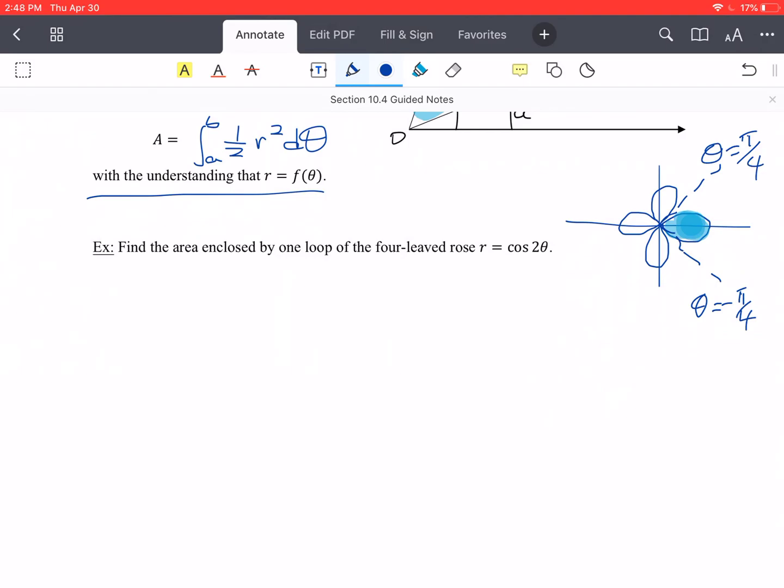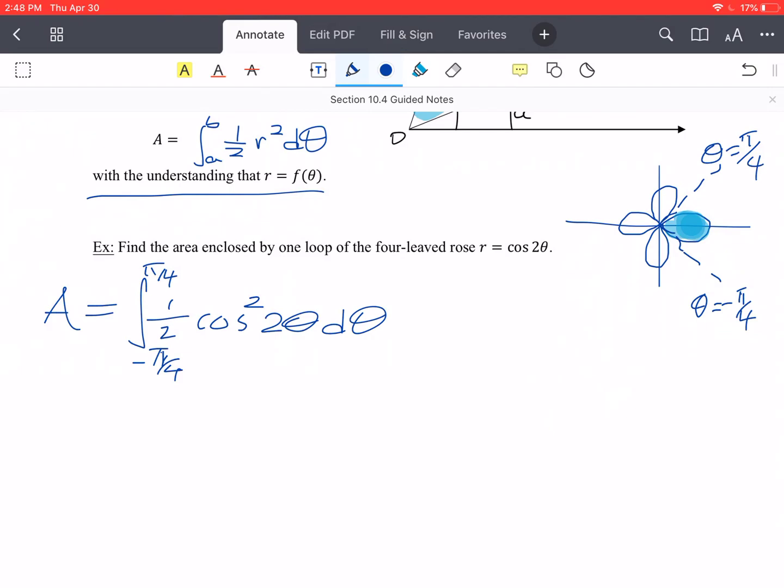Okay, so our formula for the area is going to be the integral from negative pi over 4 to pi over 4 of 1/2 times the function squared. So that's going to be cosine squared of 2 theta d theta. Alright, so that's the setup for our integral.